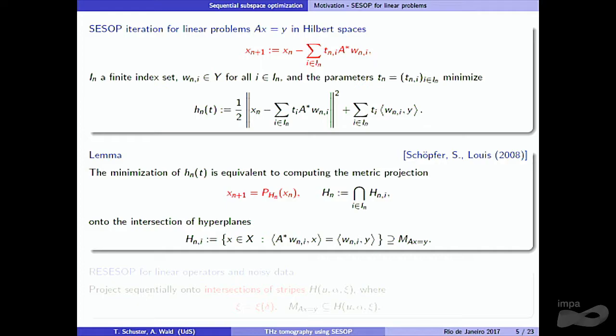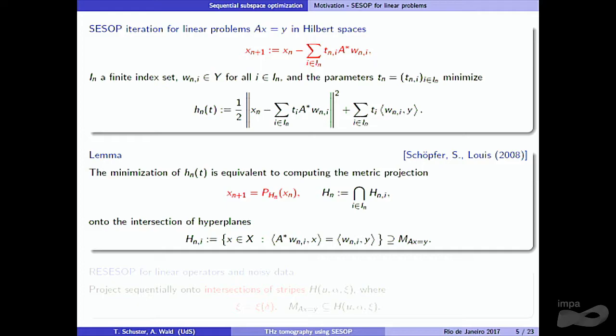So the search direction is the normal vector, and the offset is given as the inner product of the pre-image w_n,i with the exact data y. And obviously, any solution of the linear equation is contained in this set.